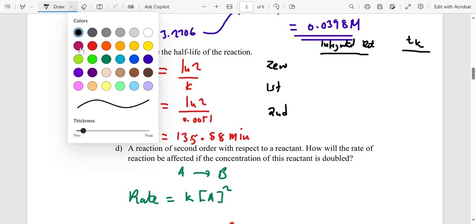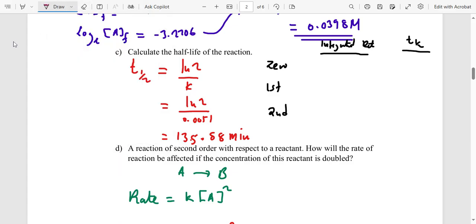So for a zero order reaction, the integrated rate law is the final concentration is equal to negative kt, plus the initial concentration.